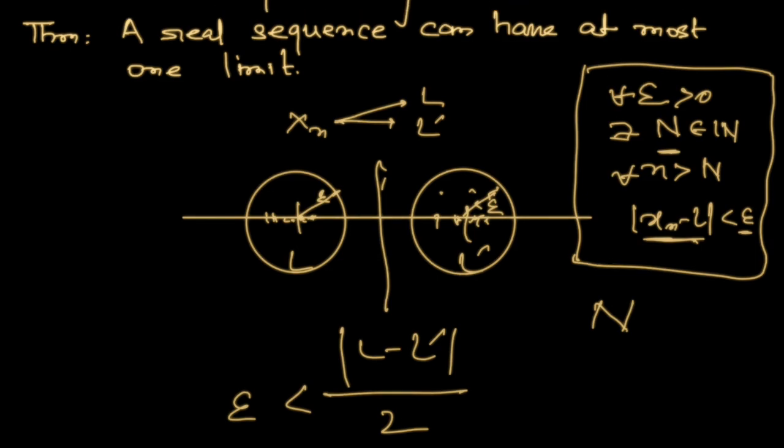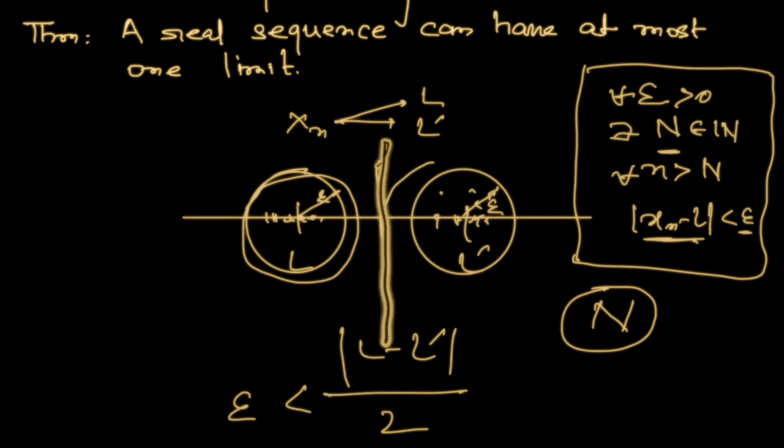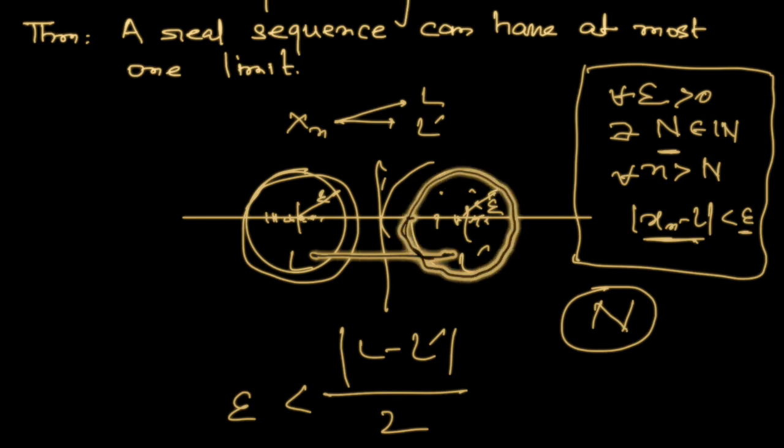You cannot get two different L and L prime and a natural number N such that all the terms will go inside this ball and inside this ball as well. Because they are distinct, they are far apart enough such that if all the terms go here, then they cannot be here.